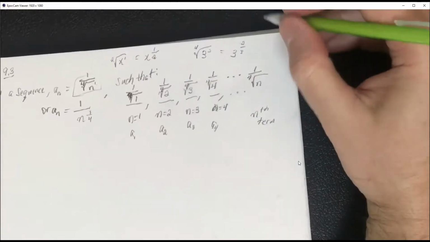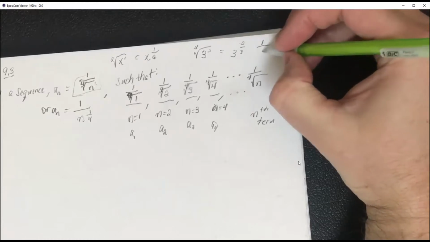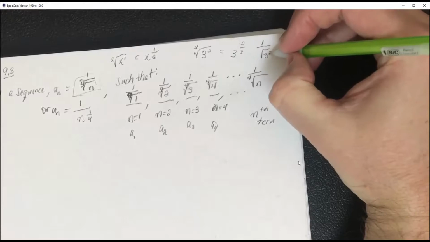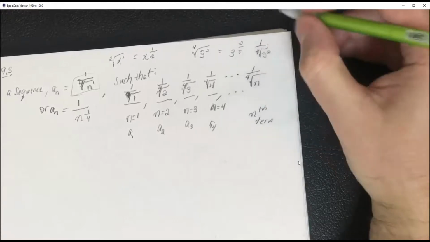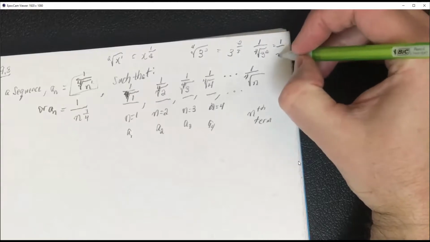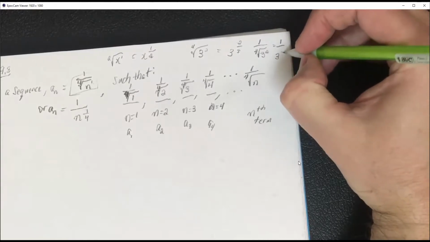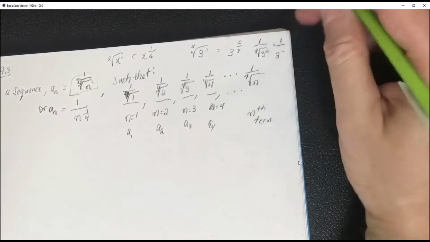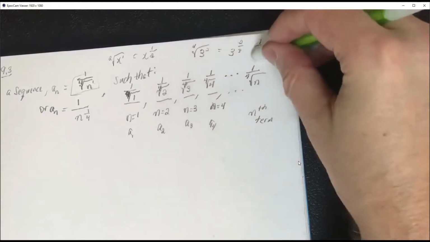But we have, and if it was 1 over, well then we would write it as 1 over 3 to the 2, oh, I think I wrote the wrong number here, sorry.